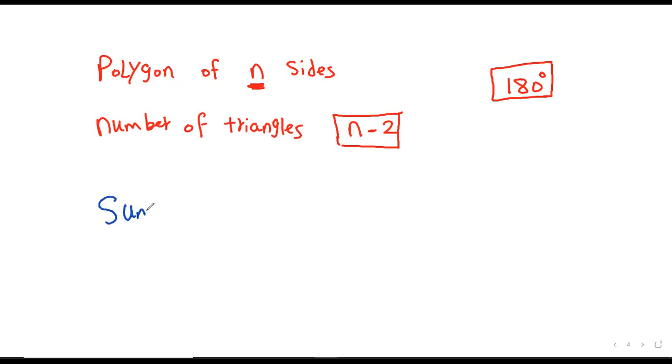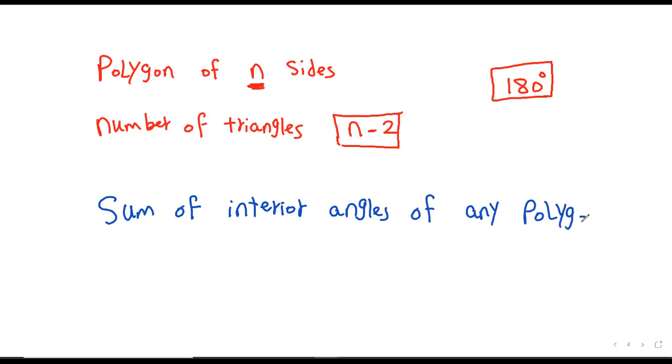The sum of the interior angles of any polygon of n sides will be what? The sum of interior angles of any polygon of n sides will be n minus 2 multiplied by 180.